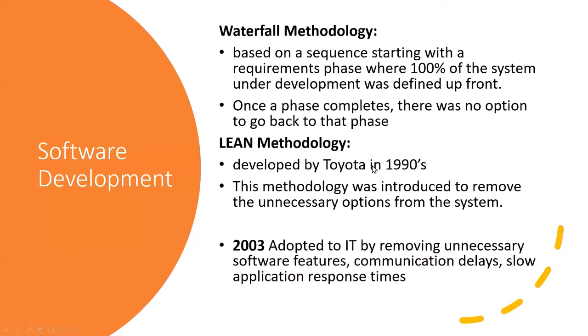So how is this model working with software development? Software development started in the 90s, from the 50s to whatever we are seeing right now in the 2000s, and all of it followed the waterfall methodology. There is no other way. There were some small changes, but every software industry used the same model.